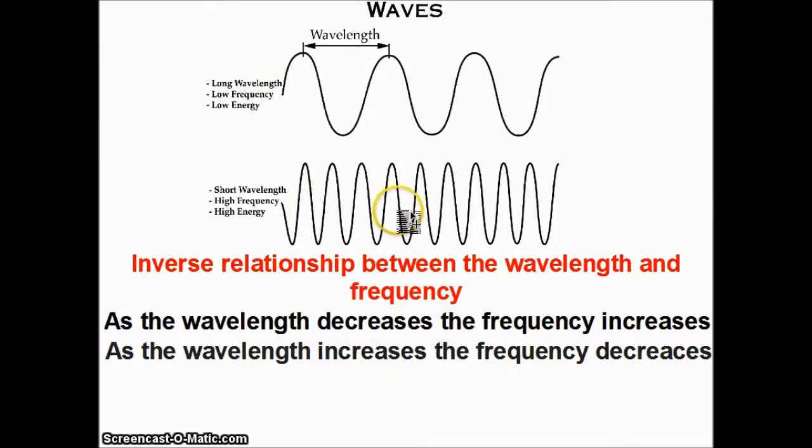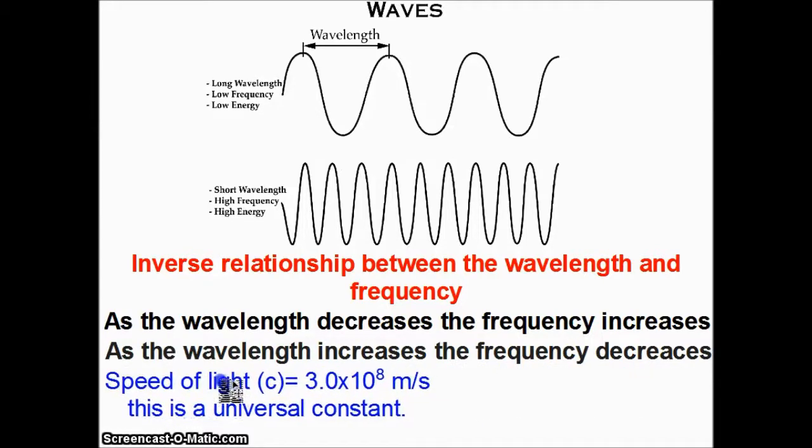What I want you to see here is that both of these waves are traveling at the same speed. And that's the speed of light, which is c. And this is equal to 3.0 times 10 to the 8 meters per second. And this is just a universal constant. It's never going to change for us. We're going to always use the speed of light as 3 times 10 to the 8th meters per second.